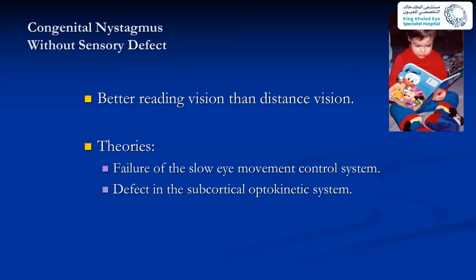And if it is only abnormal eye movement, then we have congenital nystagmus. And there is a lot of theory behind what the cause is, whether it is failure of the slow eye movement control system in the brain, or a defect in the subcortical optokinetic system.